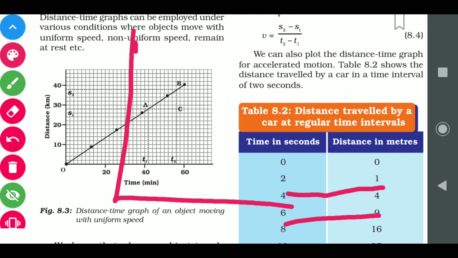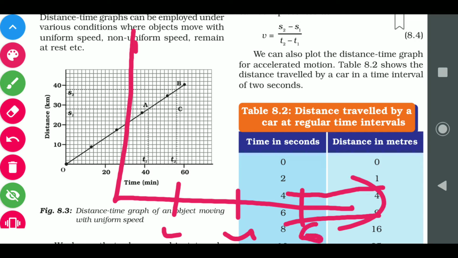Suppose this is distance and this is time. So this is 2, 4, 6. When velocity is not uniform, at 2 it has traveled 1, at 4 it has traveled 3, and at 6 it has traveled 5.